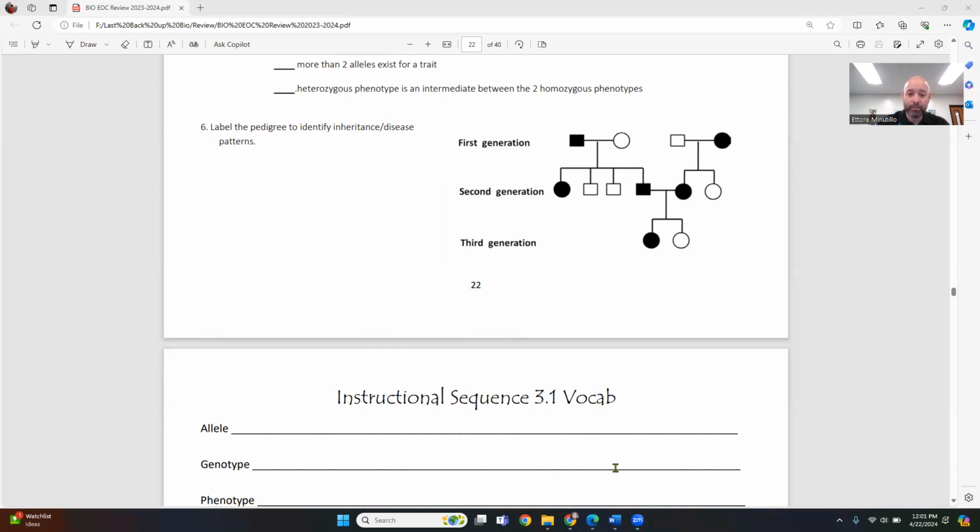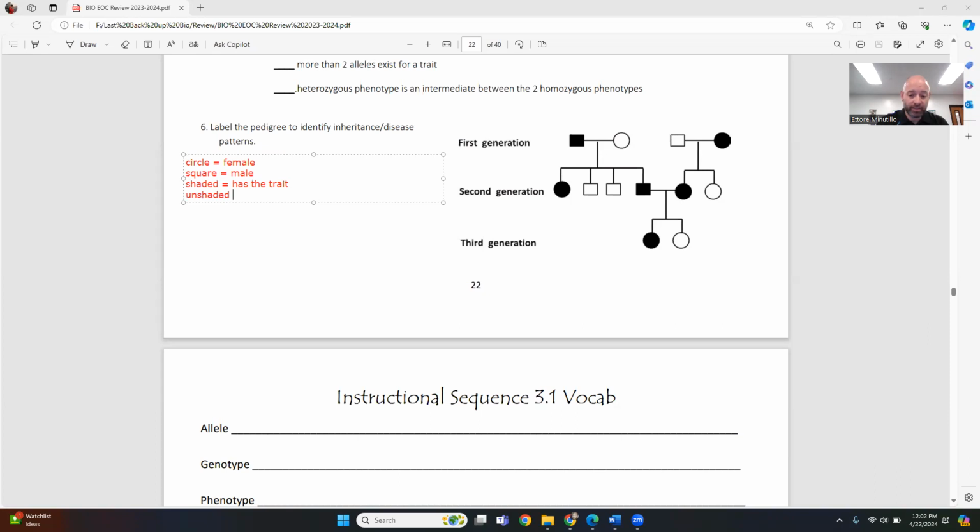Some things to remember about pedigrees. First thing we want to recall about pedigrees. Circles are female. Squares are male. Shaded means has the trait.